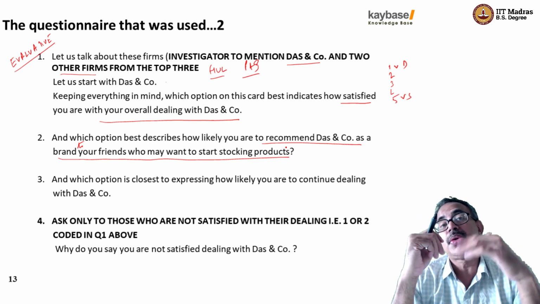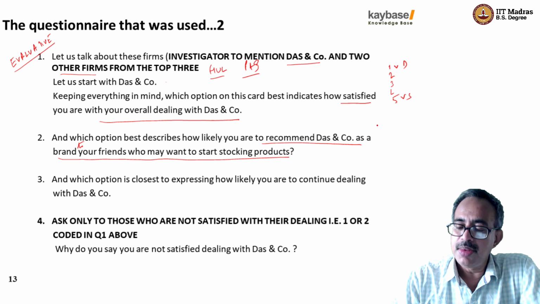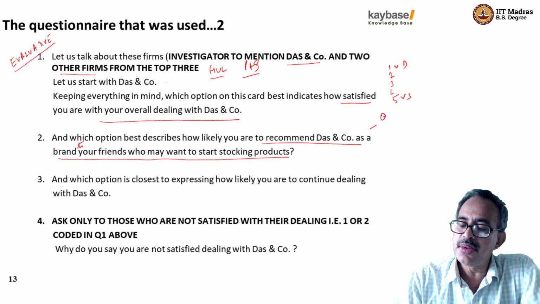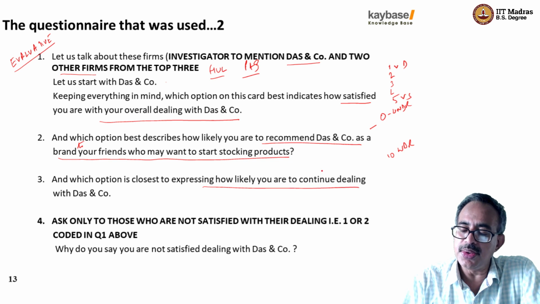Consumers come and ask for it. It's a good company to deal with. The terms are very reasonable. Again, we've seen the scale. The scale goes from 0 to 10, where 0 is will definitely not recommend and 10 is will definitely recommend.